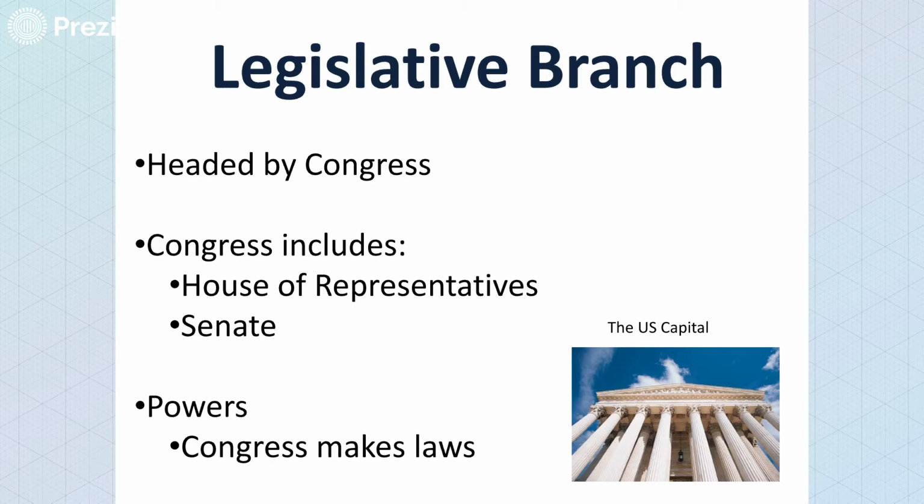The number of representatives in the House depends on the size of the state. So larger states like California, Texas, New York have more representatives in the House, and smaller states, Hawaii, Alaska, Wyoming, states like that have smaller representation. They have fewer representatives there.